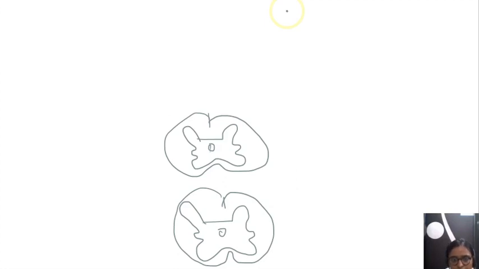See, we have seen, for example, this is at the lumbar region and this is at the cervical region. Fine.